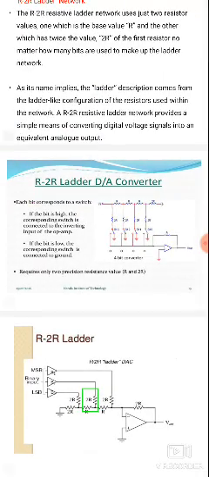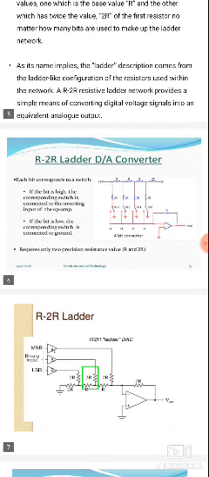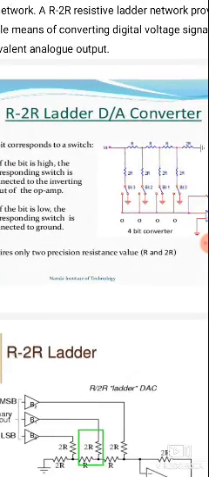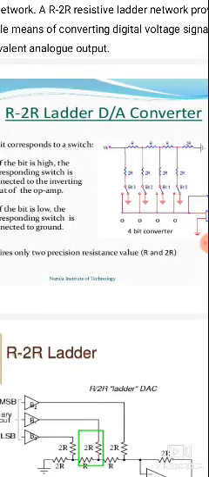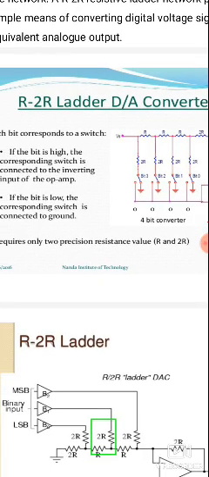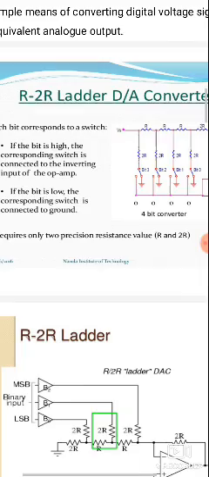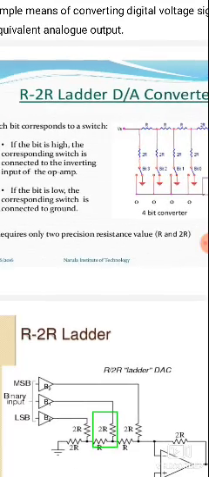So V out indicates the analog output voltage. Here each bit corresponds to a switch. If the bit is high, the corresponding switch is connected to the inverting input of the op amp. Here the bits are bit 0, bit 1, bit 2, bit 3. High indicates binary 1 and low indicates binary 0.